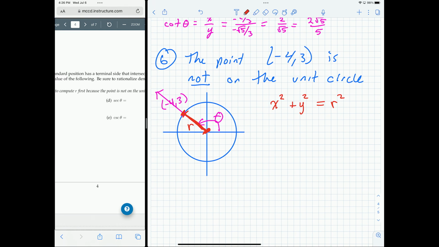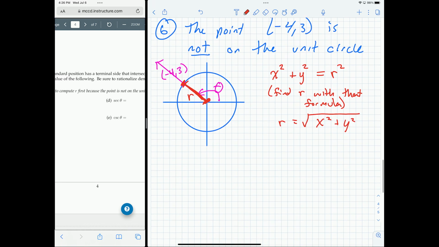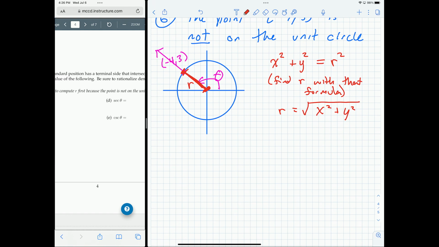After you use this to find r, you could also just square root both sides and say r equals the square root of x squared plus y squared. Once you use that formula to find r, then the formulas you can use are as follows.